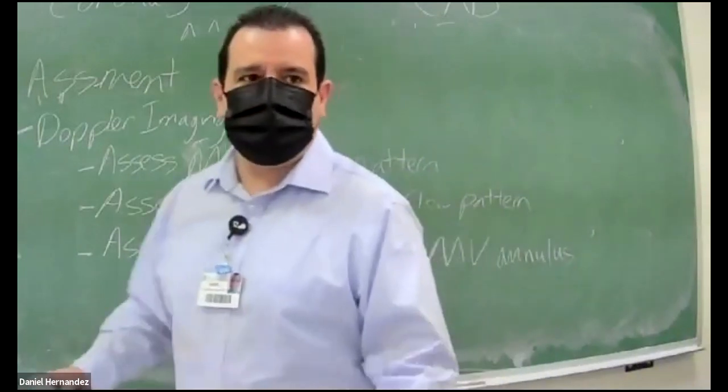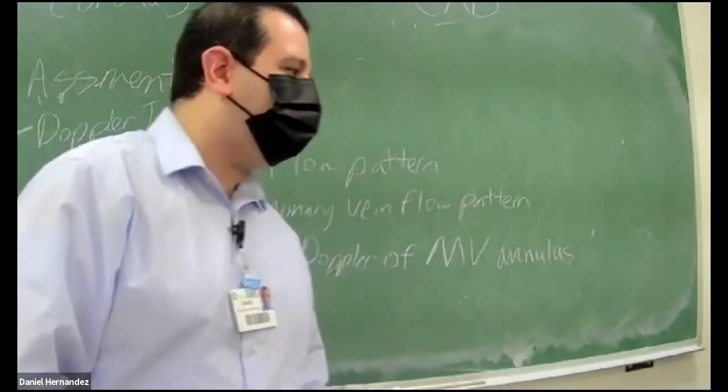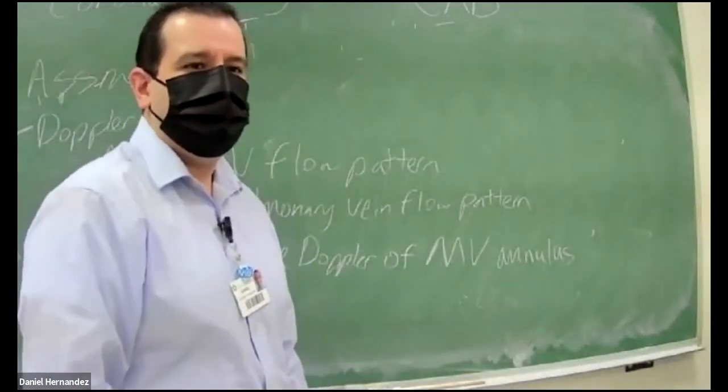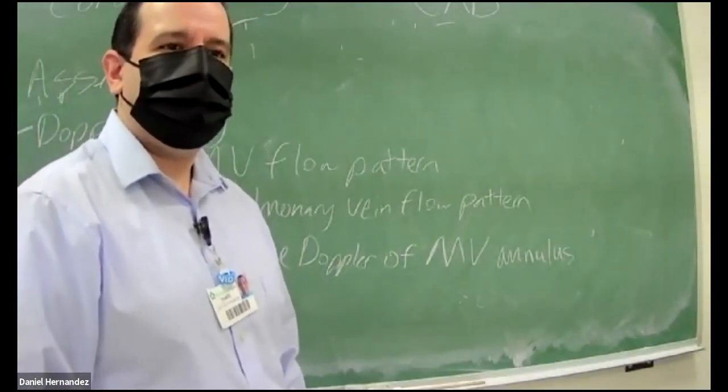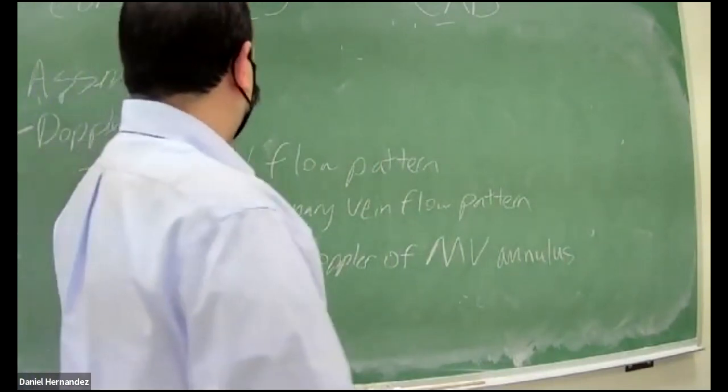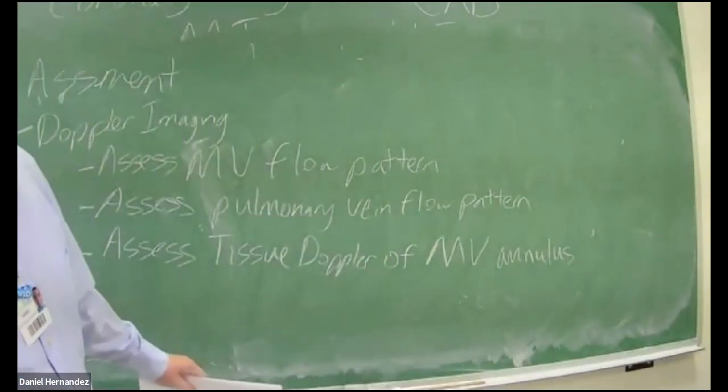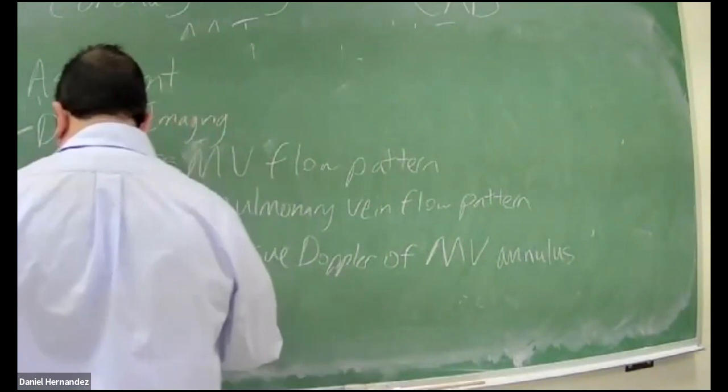Do you guys have the chart for the values for E prime, A prime? We did that, right? In our notes somewhere, maybe. Like for the mitral valve flow patterns. We can draw them again.